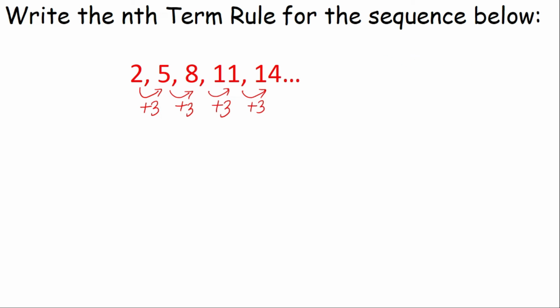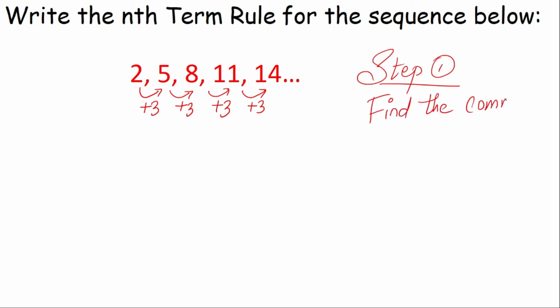To make the n-term rule, step 1, which you have already done, is to find the common difference. So here my common difference is 3. Now you write the difference as 3n, and the next step is to look at how to get the first term of the sequence.